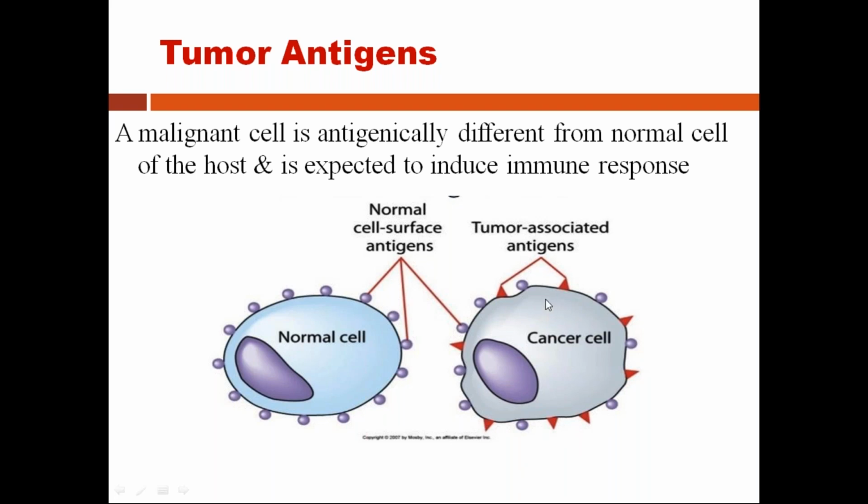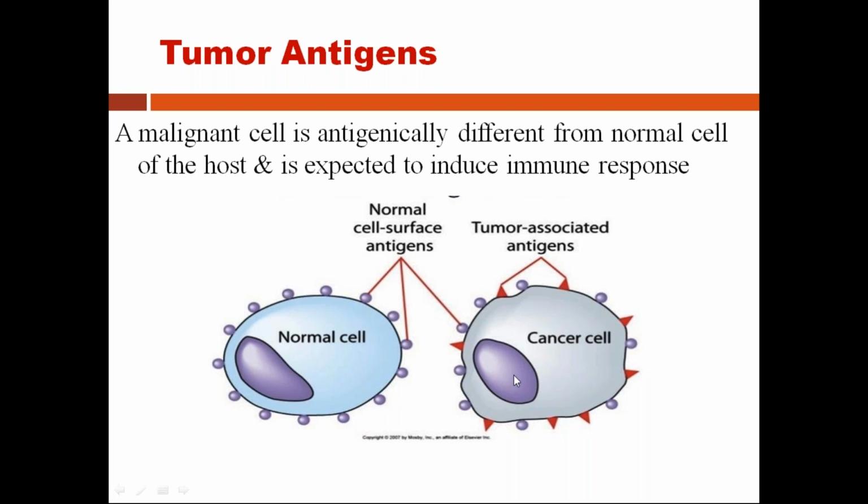New antigens which are abnormal proteins on the cell surface, and it loses some of the normal antigens, because in the place of the normal antigen, the abnormal antigen will be expressed.